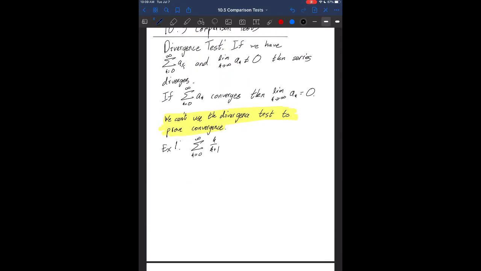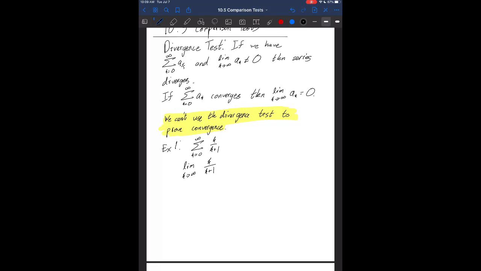All right, so if we look at the limit of this, k goes to infinity of k over k plus 1. Well, in this case, as we talked about in section 10.2, this is going to be a polynomial over a polynomial, right?